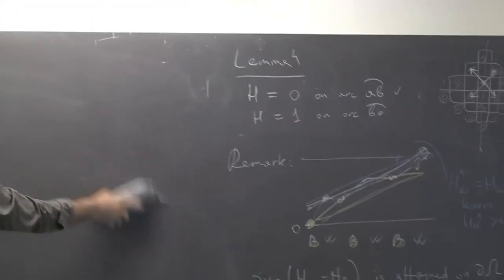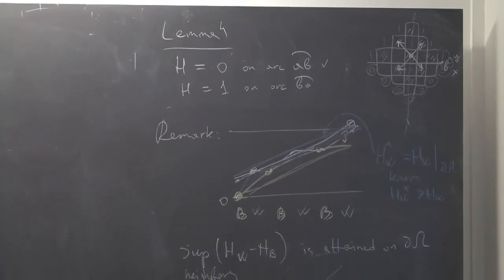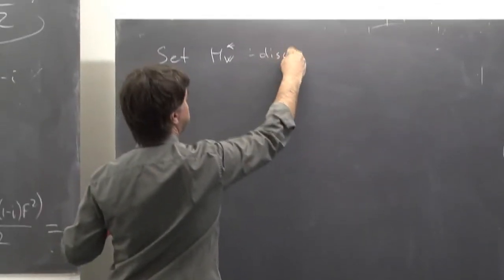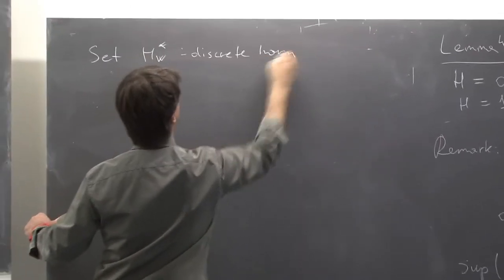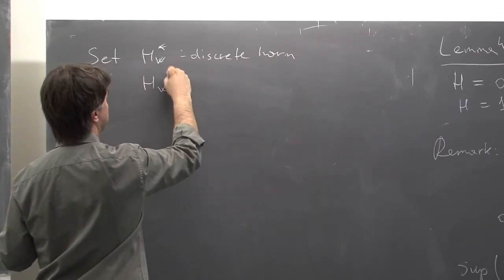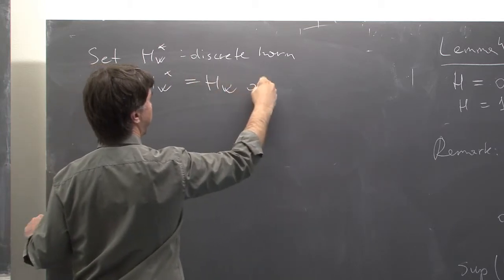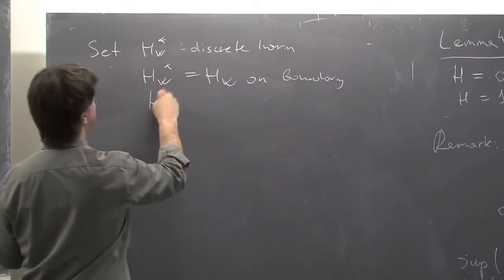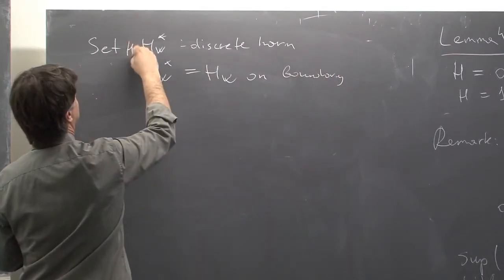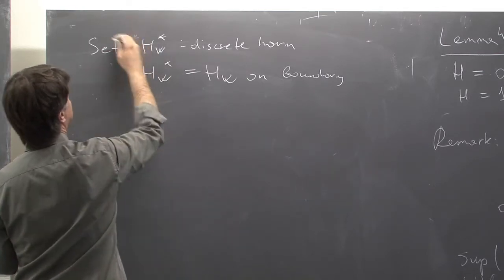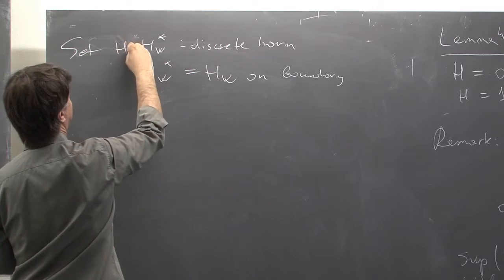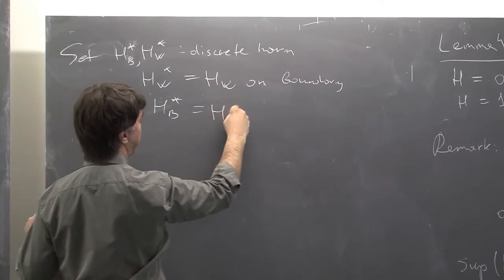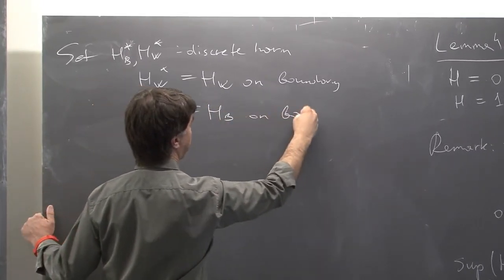So let's say we set H discrete harmonic, and HW star equal to HW on the boundary. And the same for HB star, so just solutions of the Dirichlet problem on the boundary.